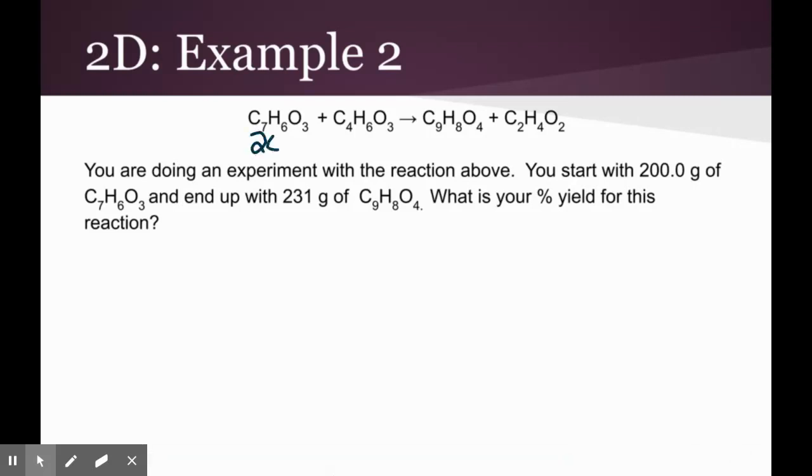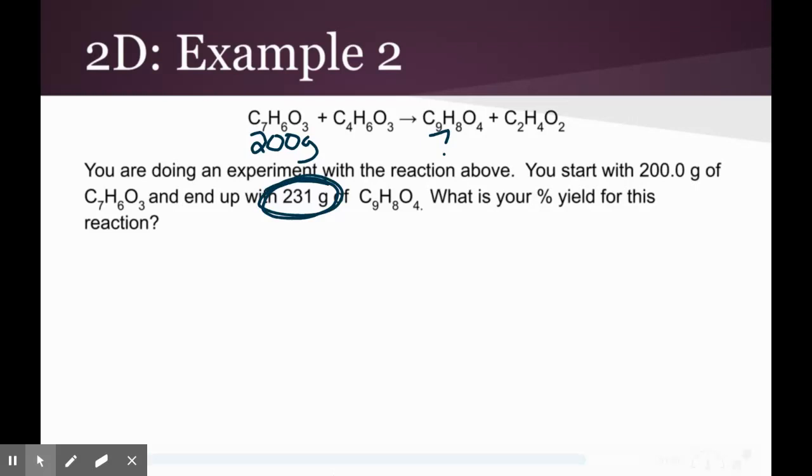We're given 200 grams of C7H6O3, and we're also given the actual yield of C9H8O4. So we need to start with the 200 grams of what we're given and calculate the theoretical yield of C9H8O4 so that we can use the actual yield to calculate the percent yield.